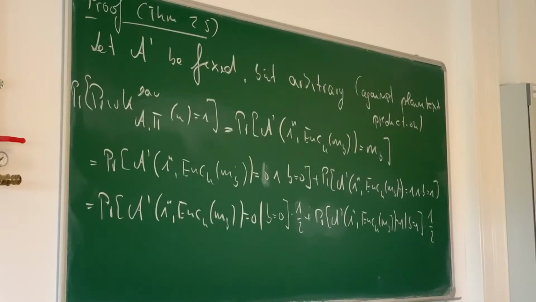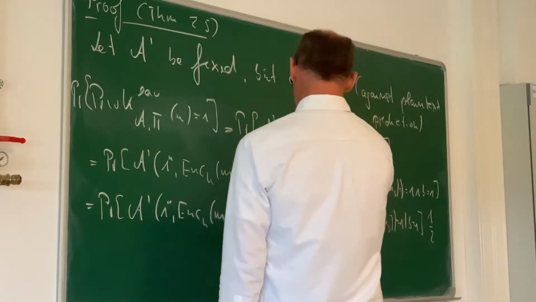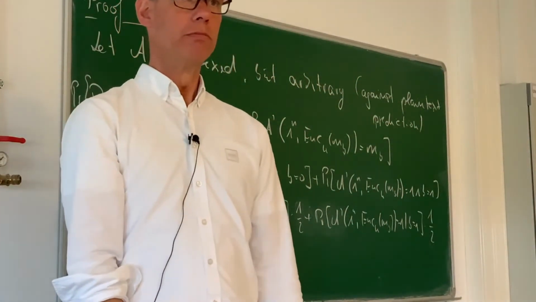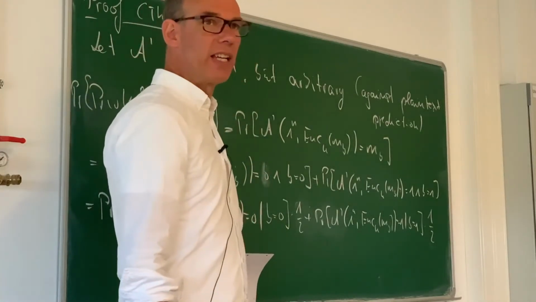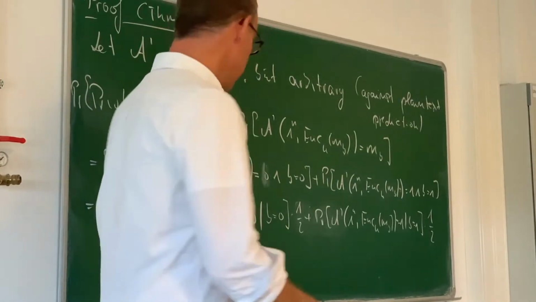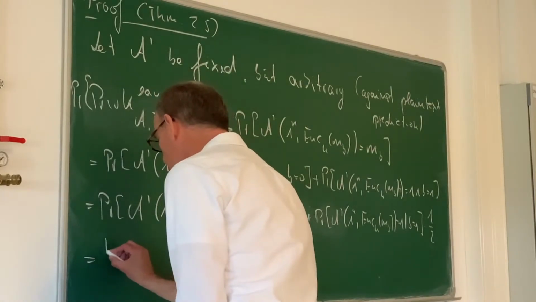Did I write anything stupid? Looks good. Here I condition on B being 0, so I just write that directly in here, and I put the 1/2 in front.